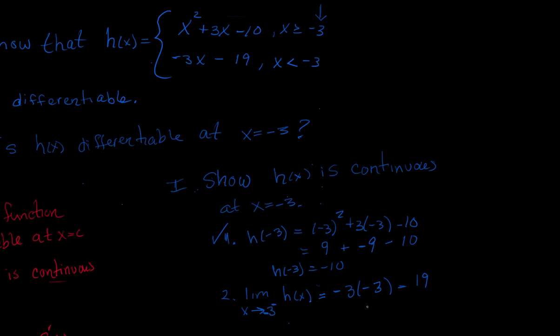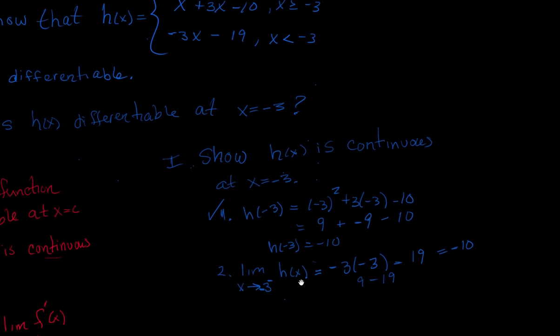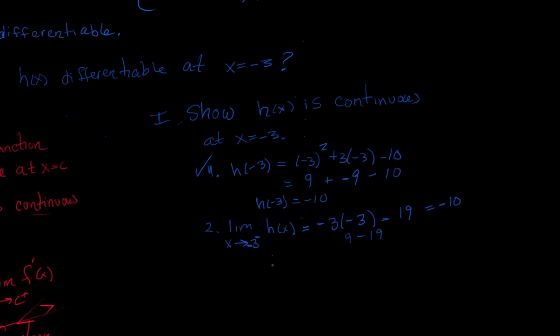So negative 3 times negative 3 is 9. 9 minus 19 gives us negative 10. So the limit as x approaches negative 3 from the left is negative 10.